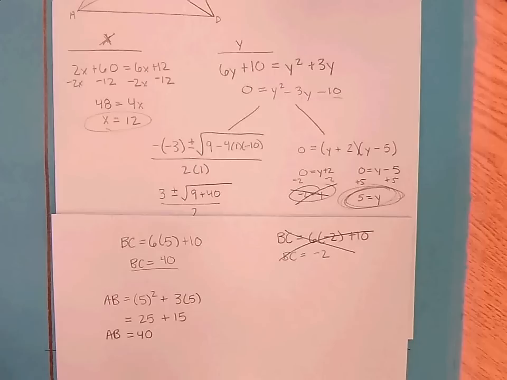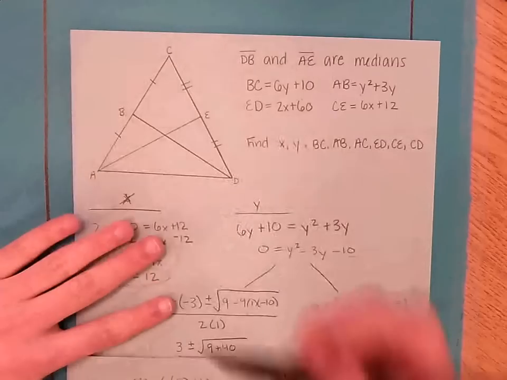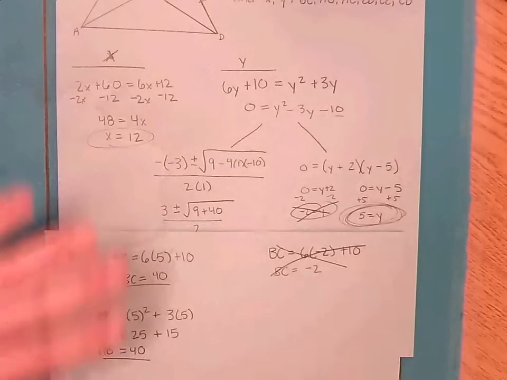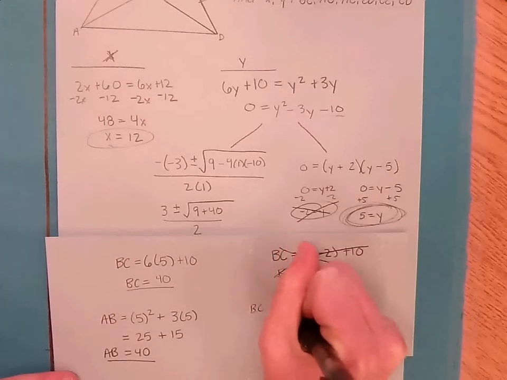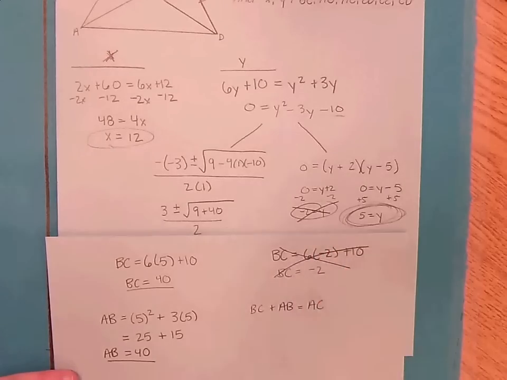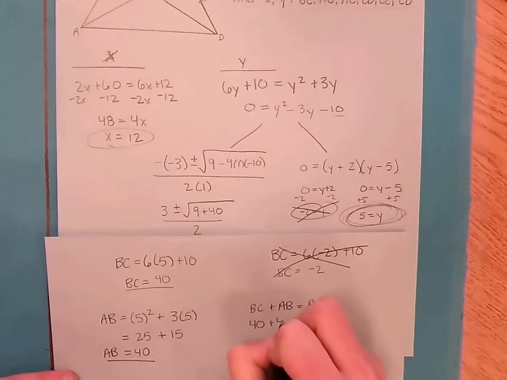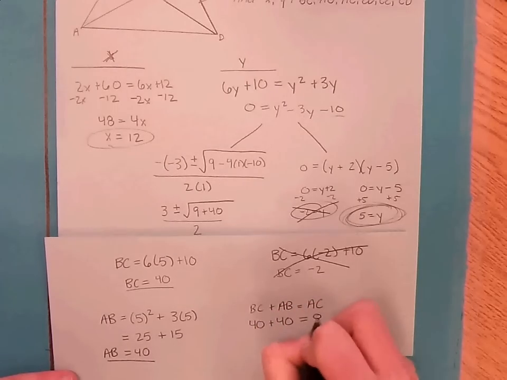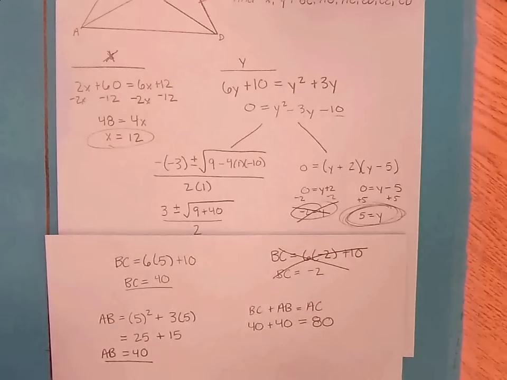As it should, because BC is equal to AB. So that these are the same is a very good thing. So now we're going to do the entire side AC. So we have BC plus AB equals AC, right? So we have 40 plus 40 equals 80. So that is the entire side AC.